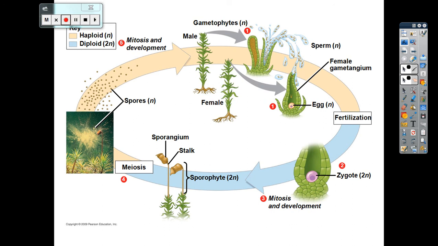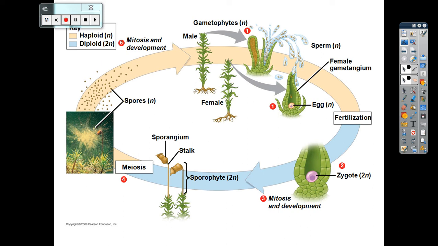There's a male and a female version of those, and when they go through mitosis, they produce the gametes, the egg and the sperm, which again, the sperm need moisture around so that they can swim to the egg. So you'll never find moss growing in a real hot, dry place. They're not going to survive, okay? But when the gametes are formed, fertilization takes place, you have a zygote growing, and that zygote grows into the sporophyte, the diploid version.